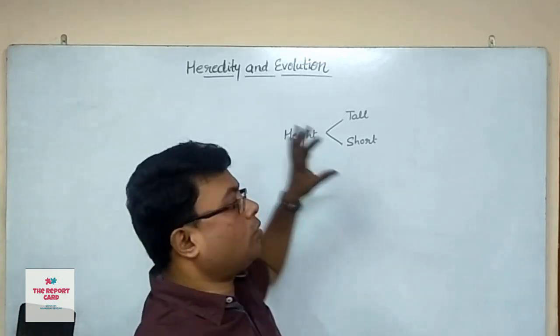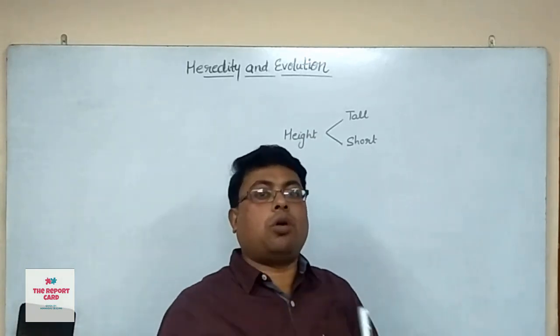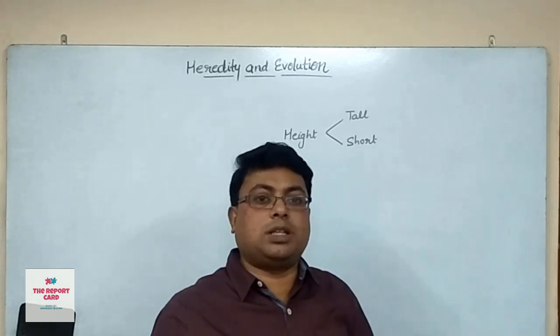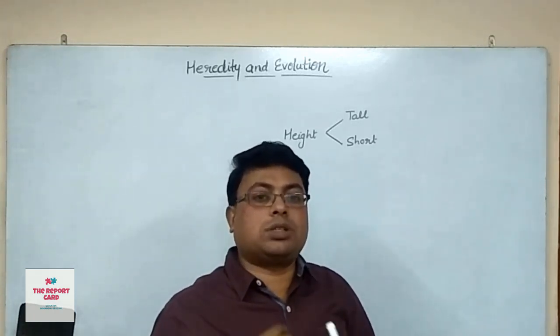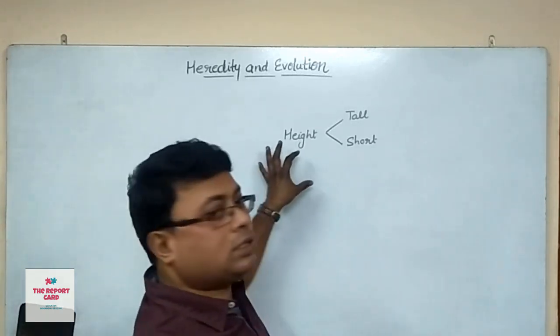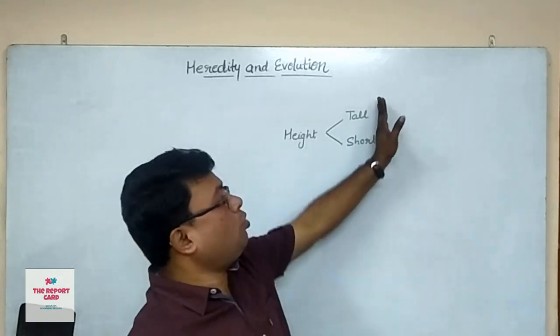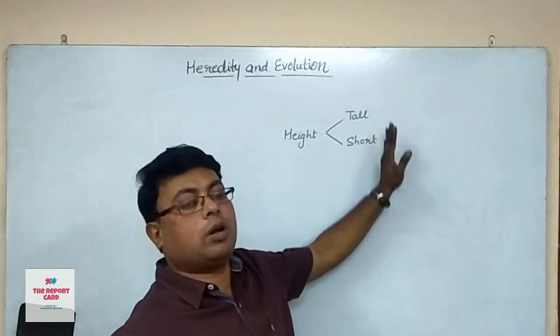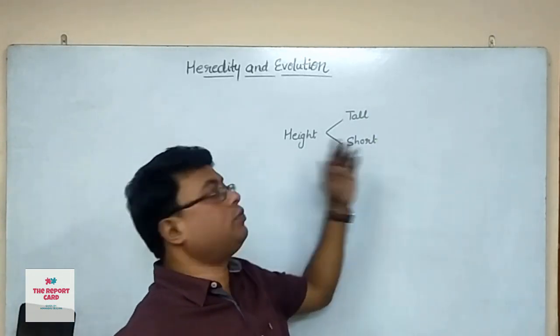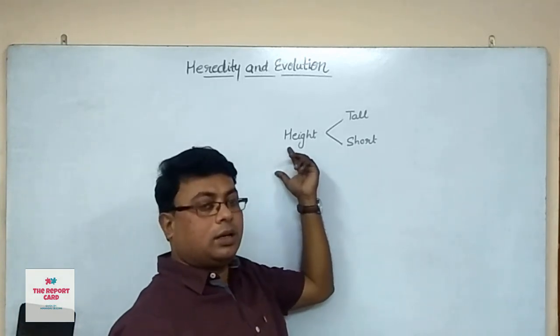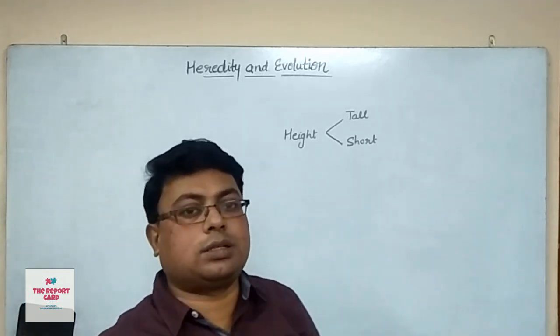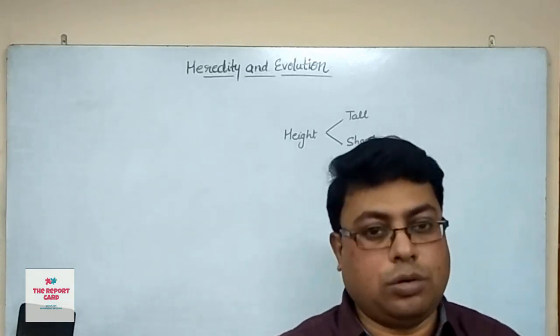Whenever a cross between two organisms of a species is done to study the inheritance of a pair of contrasting traits for a particular character, it is known as monohybrid cross.